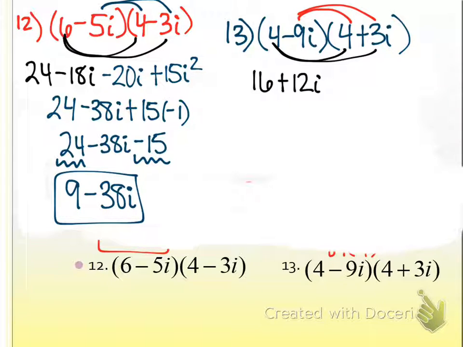Negative 9i times 4 gives me negative 36i. Negative 9i times positive 3i. Very good. Negative 27i squared. All right. Our next step is to start simplifying these. Right now, there's nothing to combine with the 16, so we'll leave it alone. Positive 12i minus 36i.